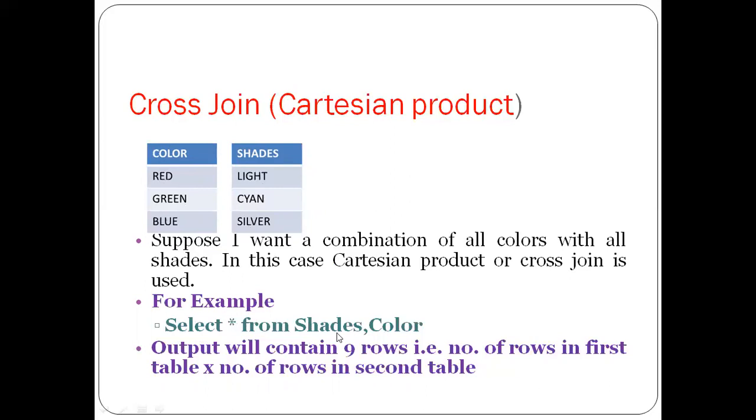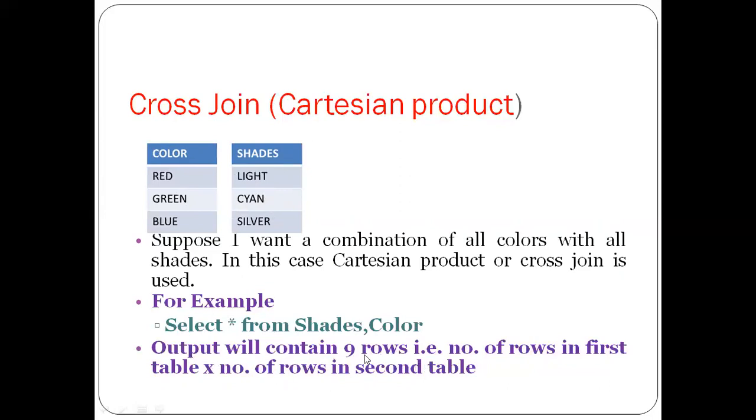After FROM, you write the table names, first table name comma second table name. So SELECT * FROM shades, colors. Both are tables, and both are combined and selected together. So here 3 into 3, the output will be 9.